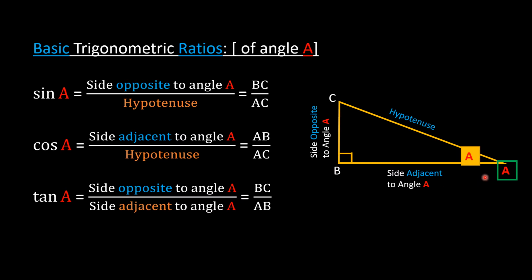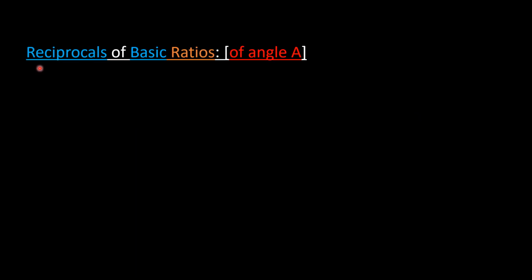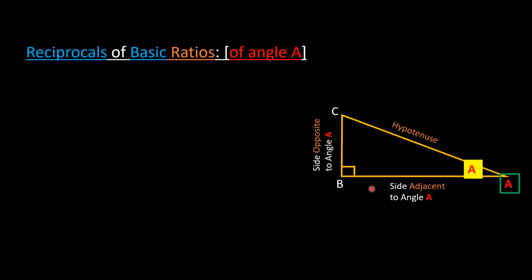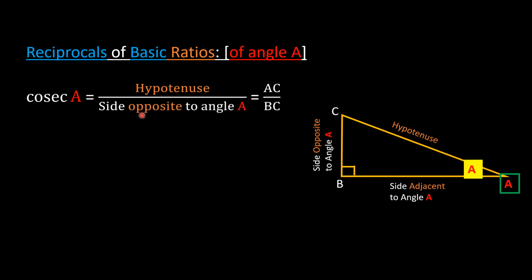Cosec, sec and cot are the reciprocals of these basic ratios sine, cos and tan. We will write reciprocals of these basic ratios for angle A. In right triangle ABC, we write cosec A equals hypotenuse divided by side opposite to angle A, that is AC divided by BC.